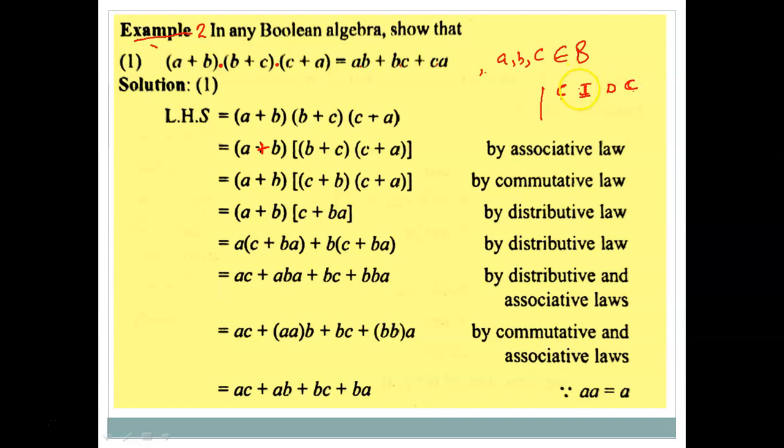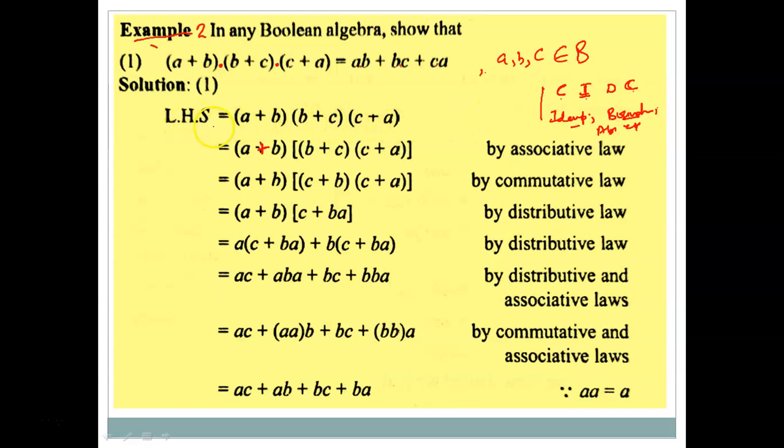These are the essential axioms of Boolean algebra, and other properties are the idempotent law, the boundedness law, the absorption law, etc., which we mentioned in the last lecture 7. In view of these properties, we can simplify the expression.